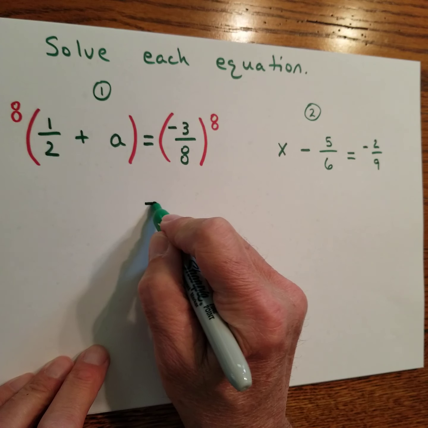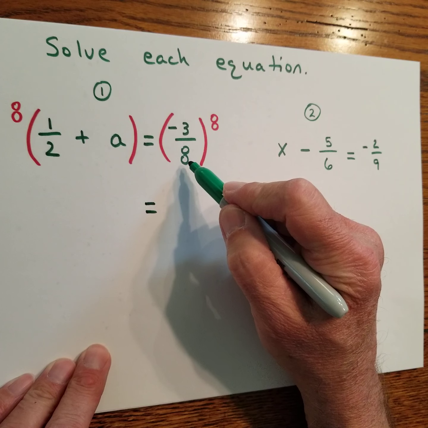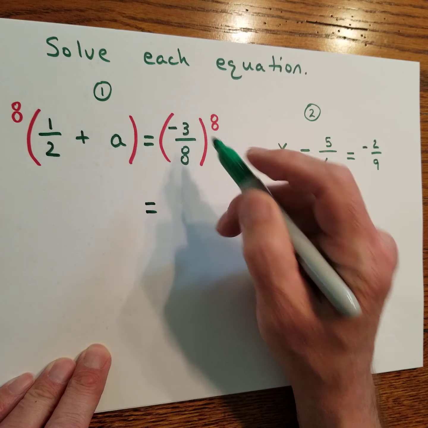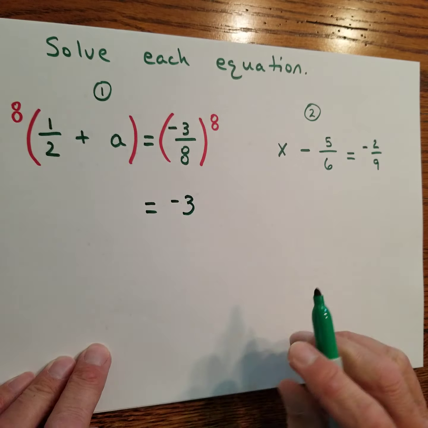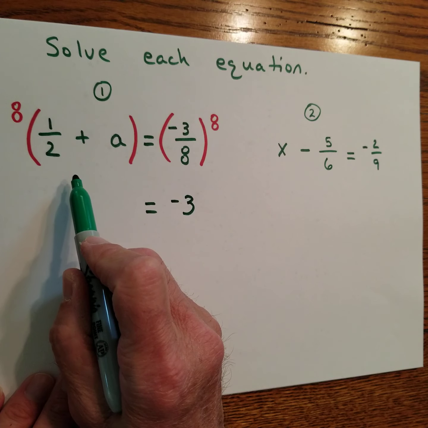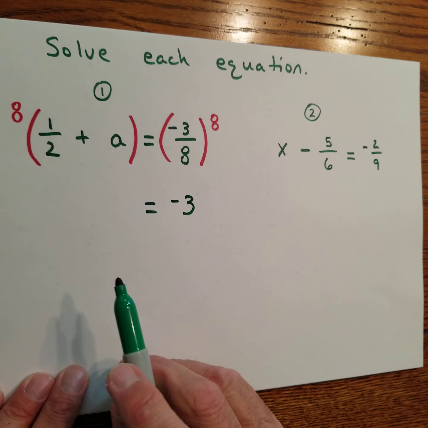Now let's use our trick. When I multiply here, how many times does 8 go into 8? Once. 1 times -3 is -3. When I multiply on this side, I'll have to distribute. 8 times the 1/2, 8 times the a.